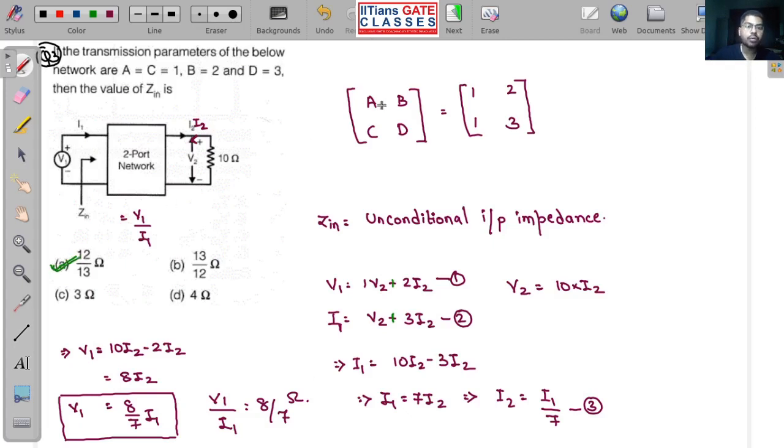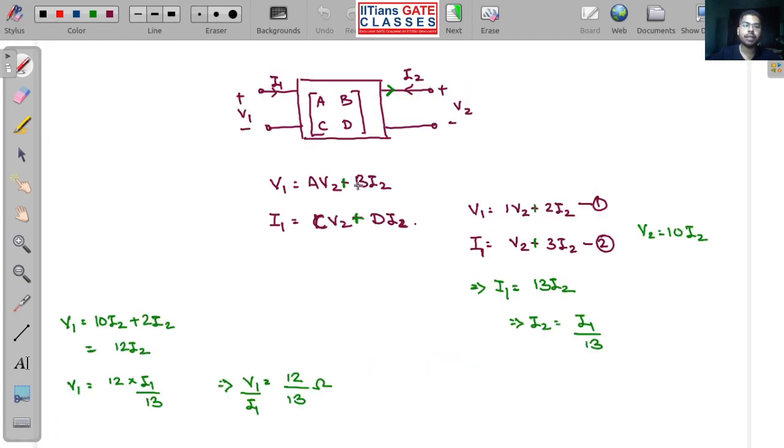So you need to remember this point. I intentionally solved the question wrong first, so that I can make the point that you should always note the direction of the output port current. This equation will hold true when my direction of I2 is going inside the port.